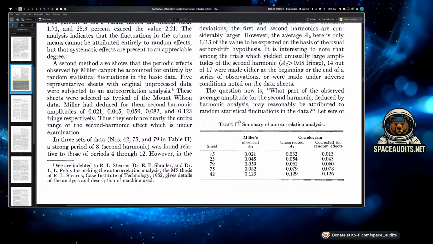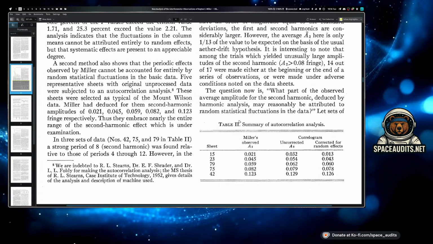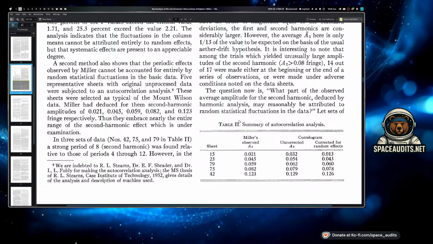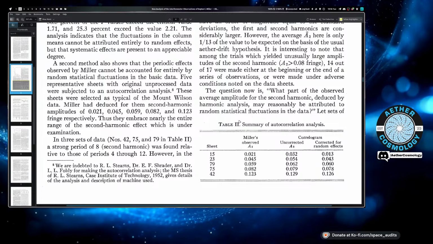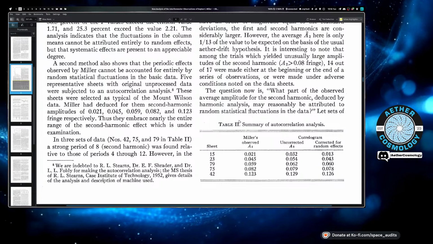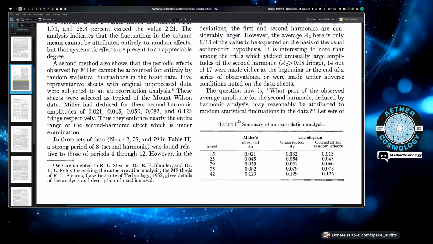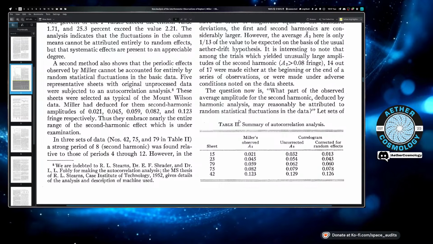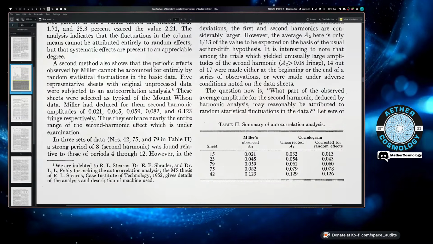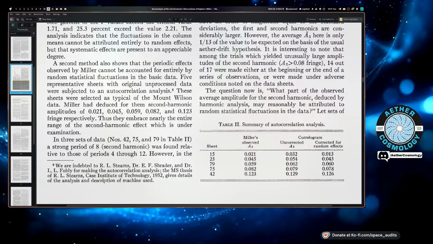The amplitudes that he's measured go from a 50th of a fringe all the way up to almost an eighth of a fringe, as in 0.021. Pretty close to 0.02, which would be a 50th of a fringe, one to the next. And then 0.123 is almost 0.125, which would be an eighth of a fringe. So he's taking things out of order so that you can't look at it epoch to epoch, or observation time to observation time.